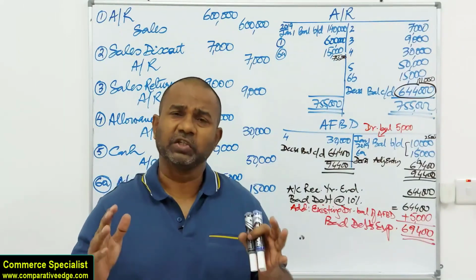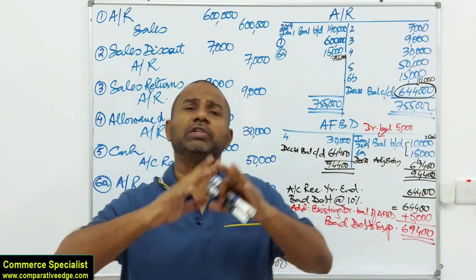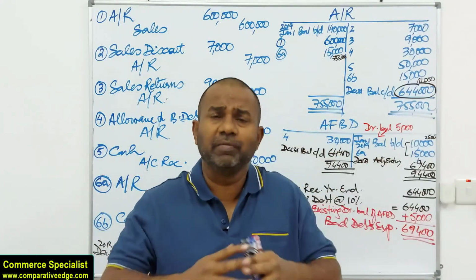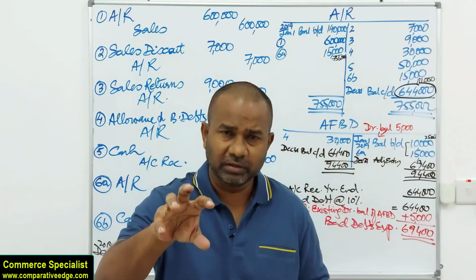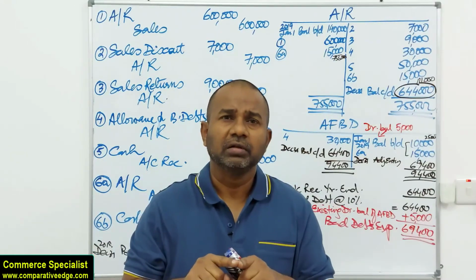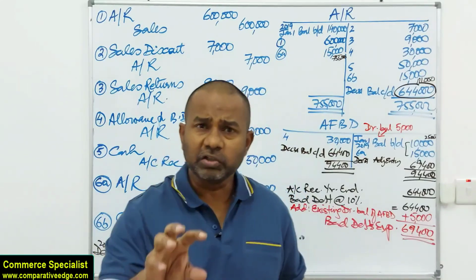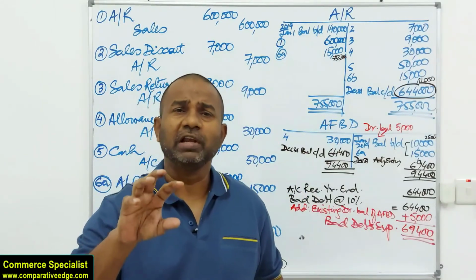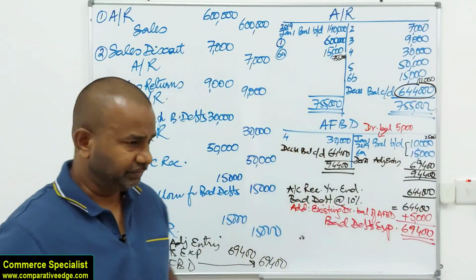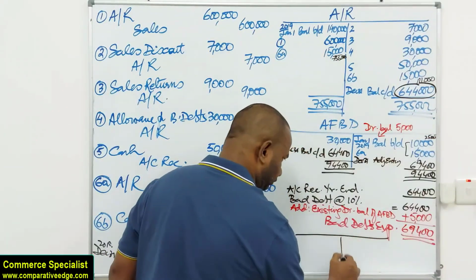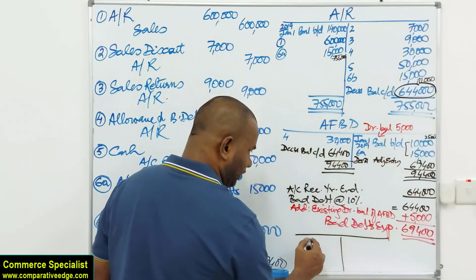Remember, when we talk about an extract, we are not making the whole statement of financial position. We are not making the whole balance sheet. We are only talking about a snapshot, one part of the balance sheet which relates to receivables. Let's have a look at it. Obviously, you have assets.